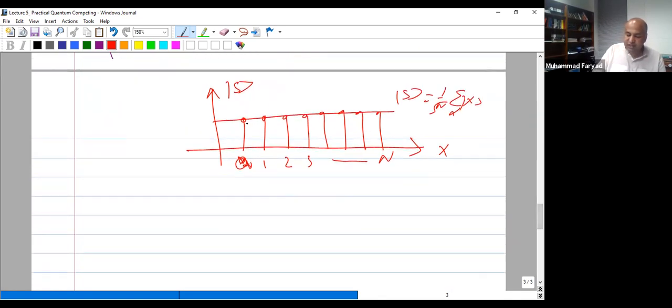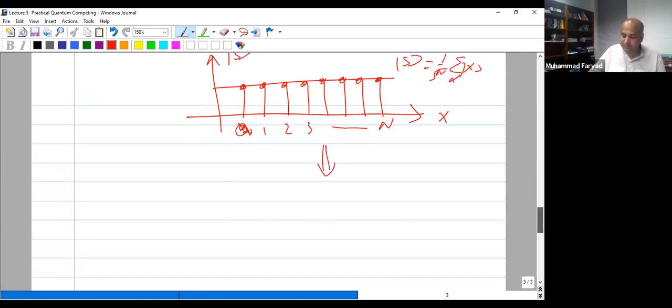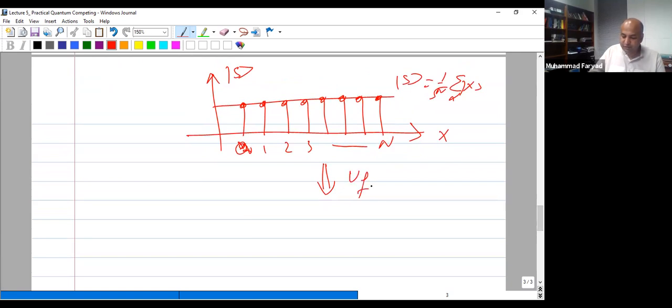So we started with all indexes in equal superposition, but when we apply the UF operator, what did UF do? It flipped the state which was the solution.